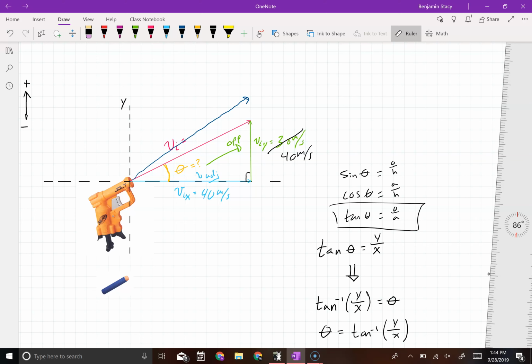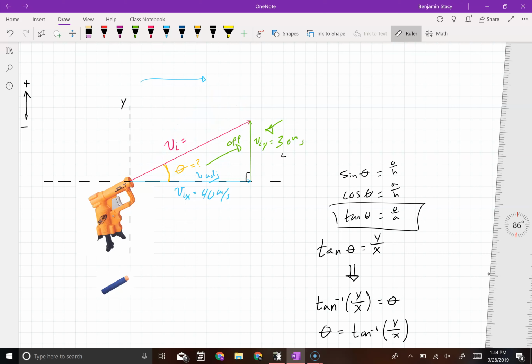If the y component is smaller than the x component, like we have here, then we'll have an angle that's less than 45. You can imagine if the y component is larger than the x component, then you're going to have an angle that's more than 45 degrees.